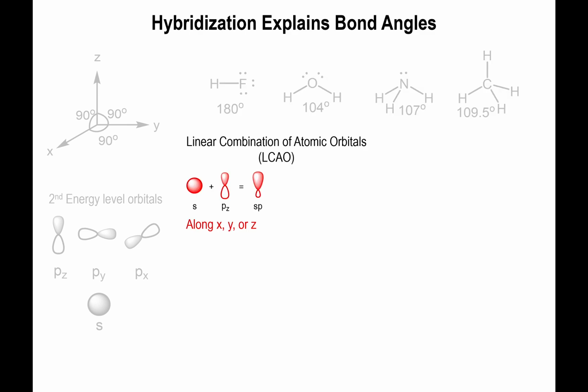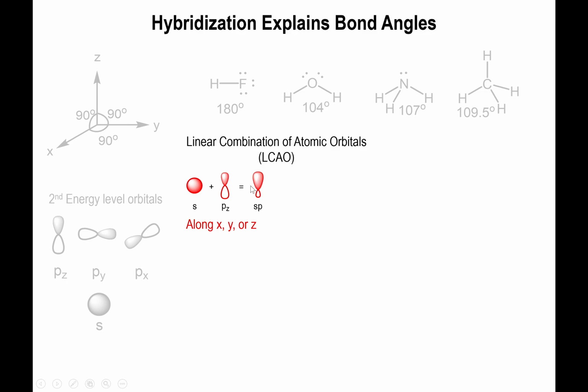The way you make that happen is by using a trick of linear algebra known as a linear combination of atomic orbitals, where you look at what happens if you mix the orbitals together in order to make a hybrid. If you look at the picture here, you have an s orbital connecting with a pz orbital. If you mix them together, you end up forming an sp hybrid.